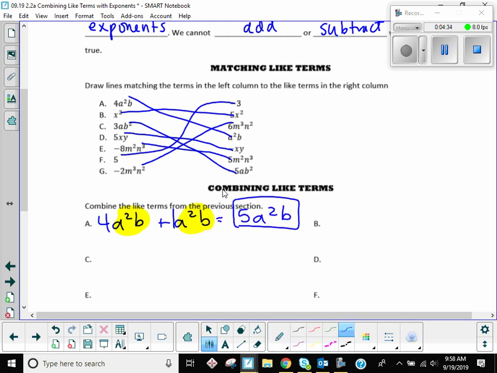You're going to just combine the like terms that you matched in that section.